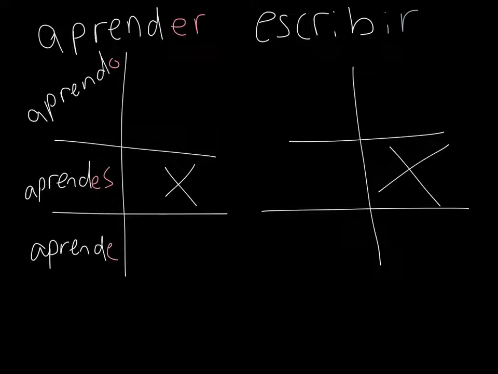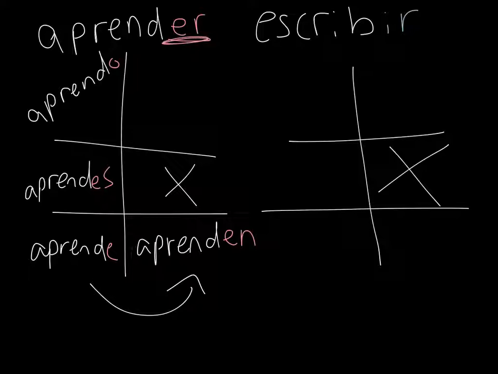And let's go ahead and move over here to the plural, which would be ellos, ellas, and ustedes aprenden. Okay? And then, based on the infinitive, aprender, it ends with an ER, so we know we're going to start off in the nosotros with an E, and then mos. So it would be aprendemos, okay?